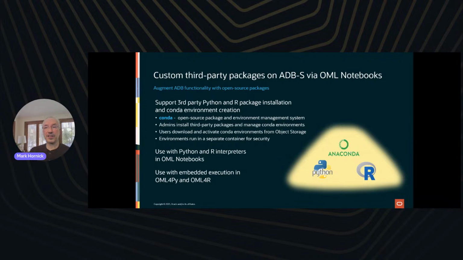Now, the packages are then available for use within OML notebooks through the Python and R interpreters, as well as a feature called embedded execution for our Python and R interfaces. Where in the case of embedded execution, the database spawns Python or R engines to run user-defined functions. And these Python and R UDFs can be invoked from, of course, Python and R, but also from SQL and REST for easier use in applications and dashboards.